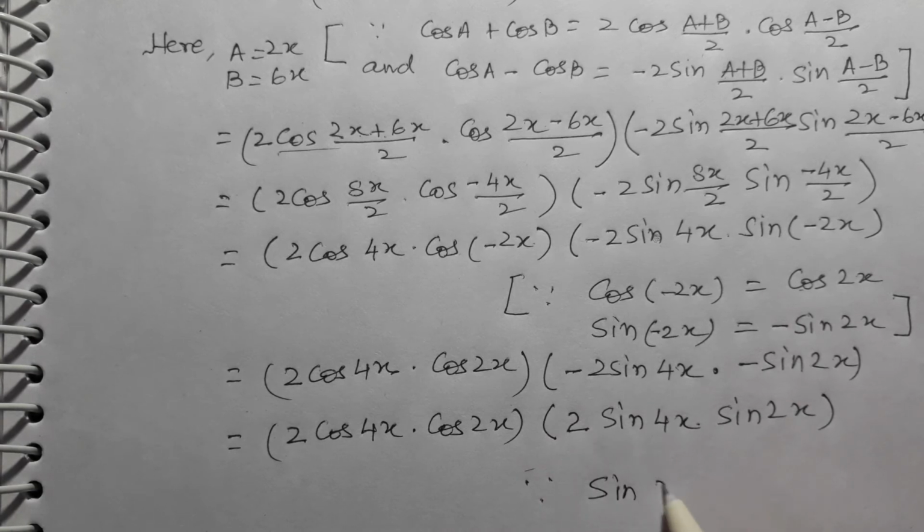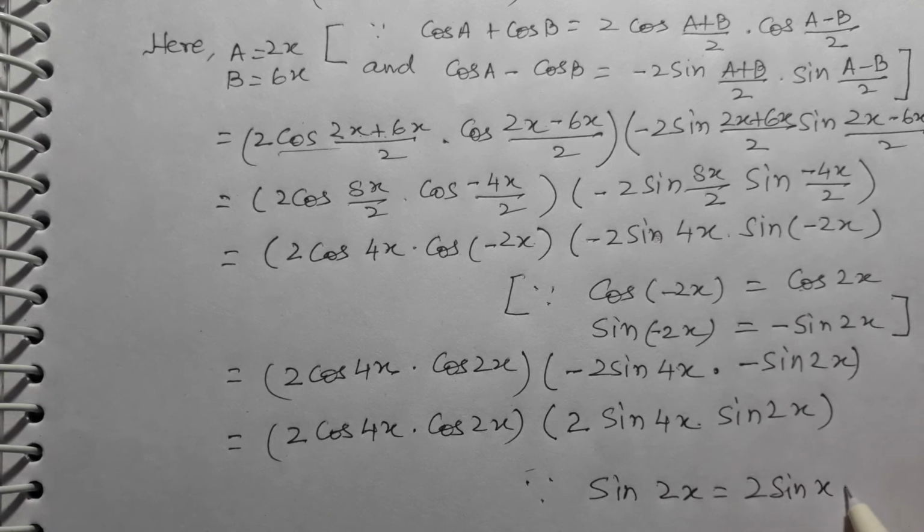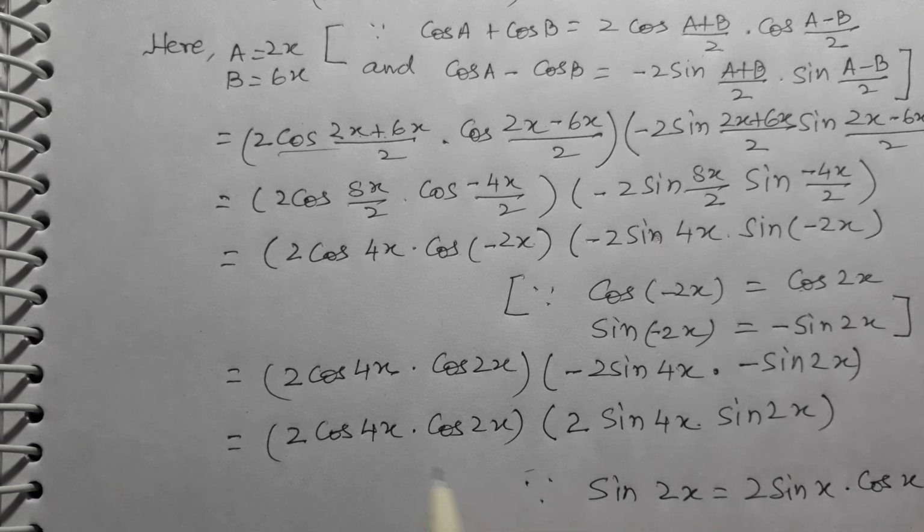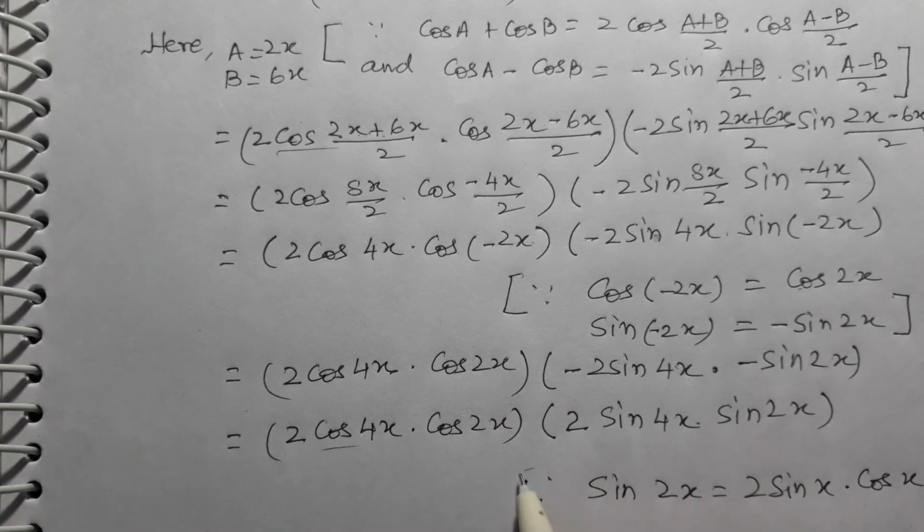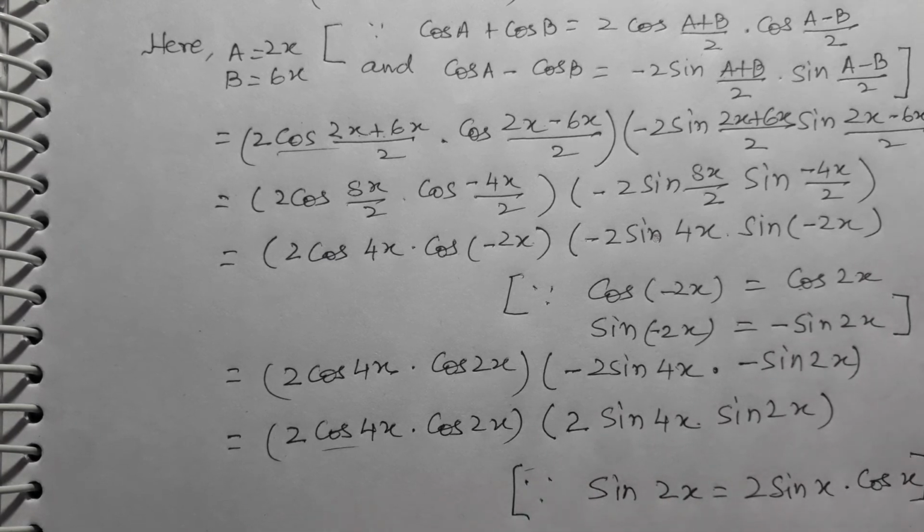And we know that sin 2x is equal to 2 sin x into cos x, so for making this fit the identity we have to reframe this line. The 2 is here, sin 4x we are writing here, and cos 4x we are writing here.